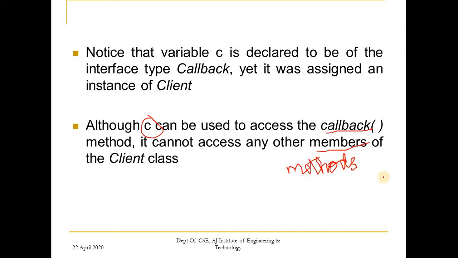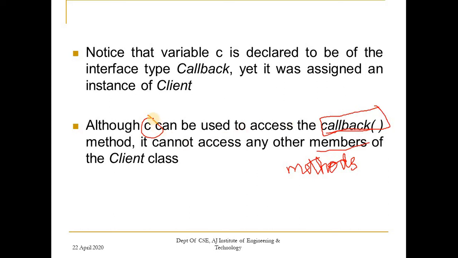The other methods of the Client class I cannot access by using the interface variable c. You can use it to access the callback method, because callback is a method which was declared by that particular interface.